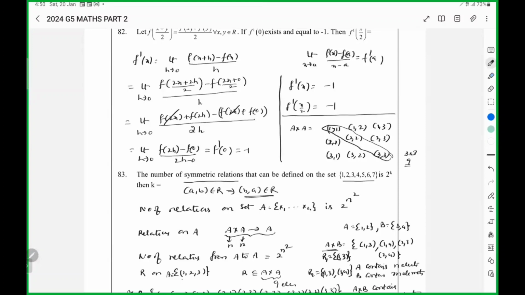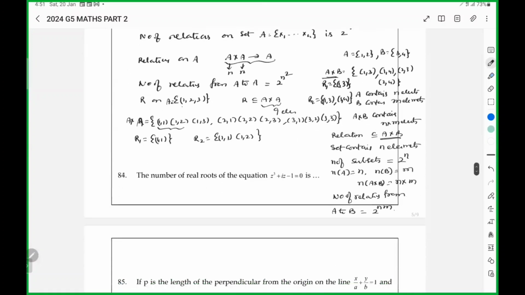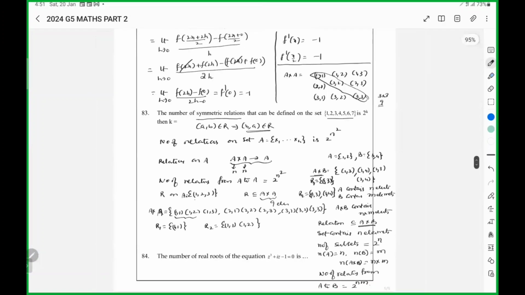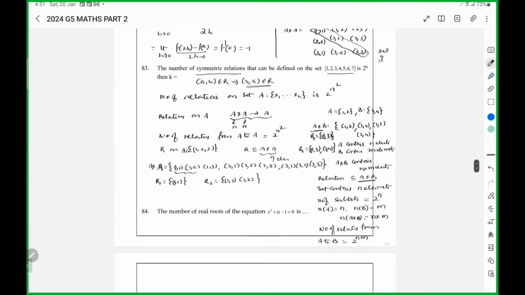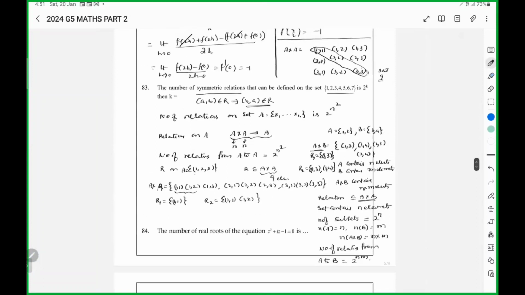To calculate symmetric relations, for example, here one relation I will write. From these, how many? 3 plus 3, 6 elements. If I choose any relation like (1, 1), (2, 1), (3, 1), it is not symmetric.